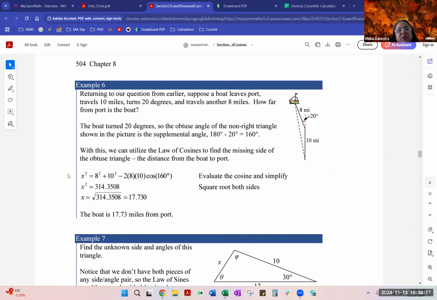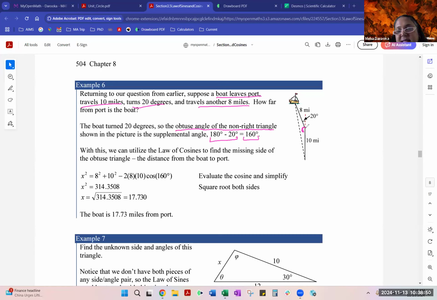So coming back to our little boat over here. The boat leaves the port, travels 10 miles, turns 20 degrees, and then travels another 8 miles. Since the boat turned 20 degrees, the obtuse angle for that non-right triangle, which is this angle we're talking about here, is going to be 180 minus that turn of 20 degrees, which gives us 160.